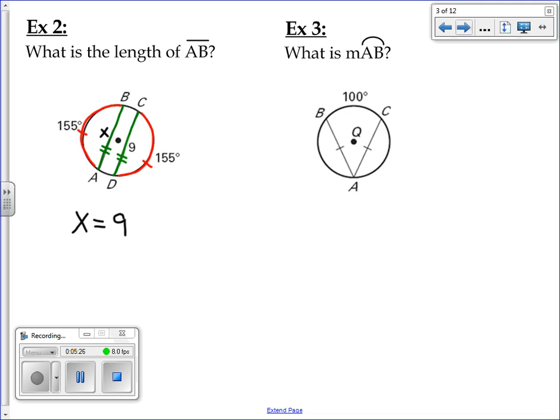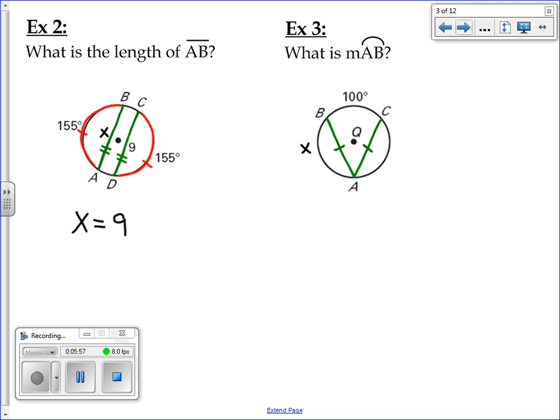Let's take a look at example 3. We're trying to find the measure of arc AB, so I'll just put a little x here. And again, let's see what we have. Well, we have two chords. In the picture, we have chord BA. We also have chord CA. And you'll notice that the chords are congruent.